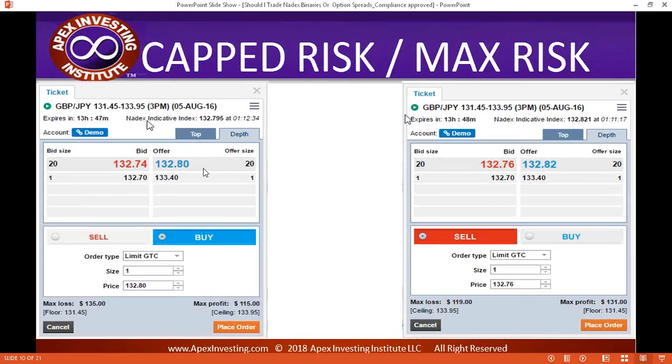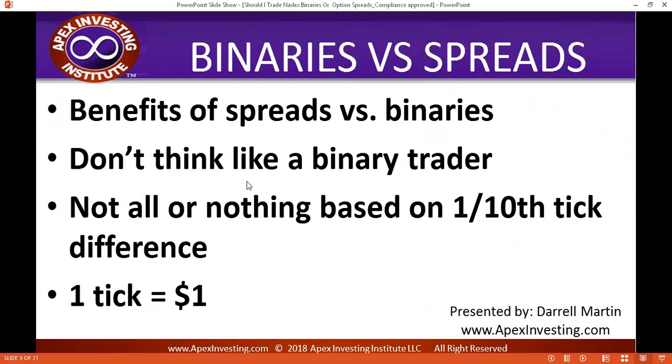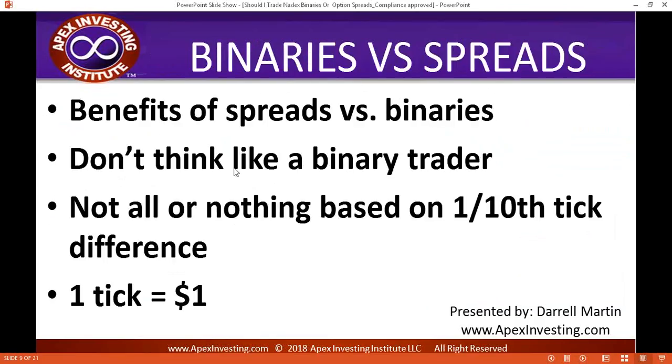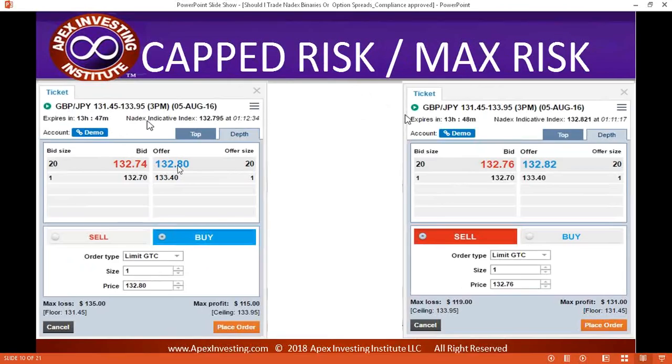It's $1 a pip. Okay, so it's a completely different world than binaries, right? Remember, with binaries, we talked about how one tick above the strike compared to one tick below the strike can be the difference of all or nothing at expiration. Spreads are not all or nothing. It's $1 a pip or $1 a tick.